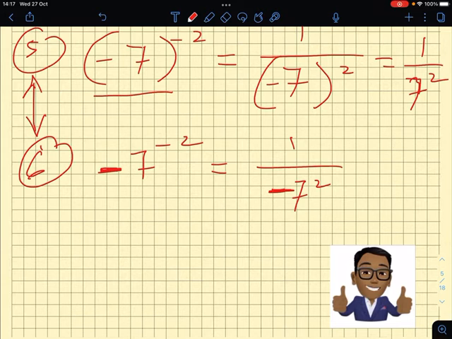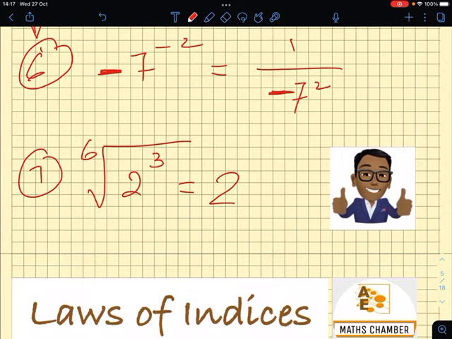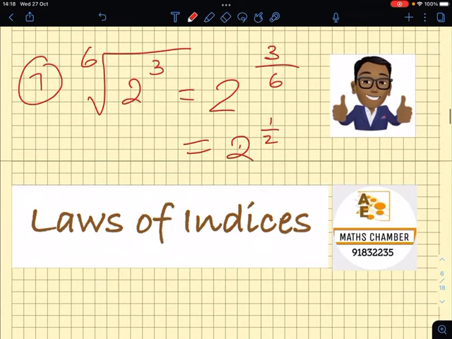Take note of the two differences here. All right, the next one, number 7. We have root 6 to the power of 3, root 6. That will be 2 to the power of 3 over 6. That means we have 2 to the power of 1 over 2, since 3 and 6 will give half, isn't it? Simple. You can also write this as square root of 2.